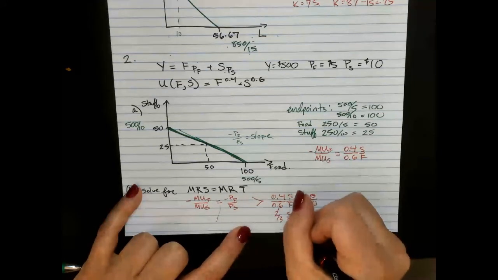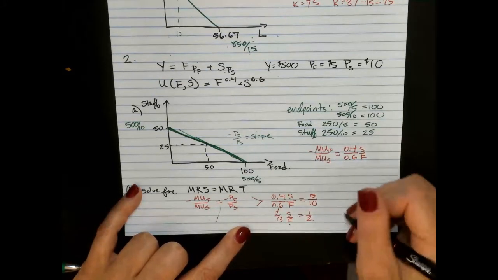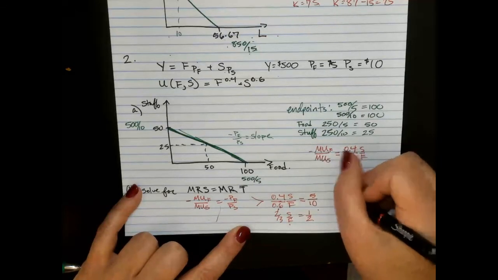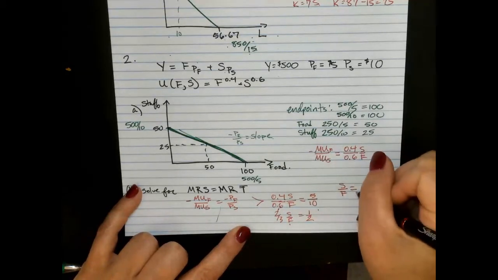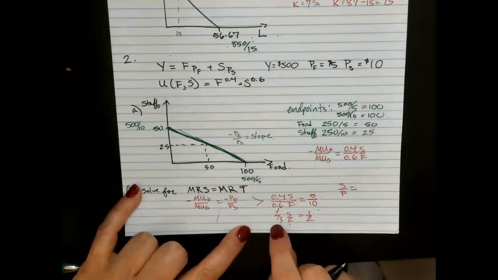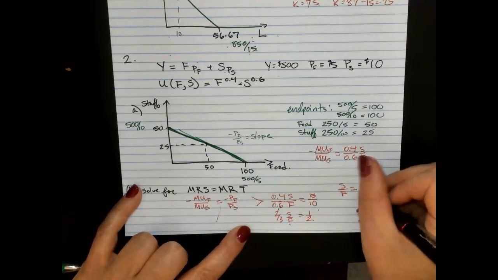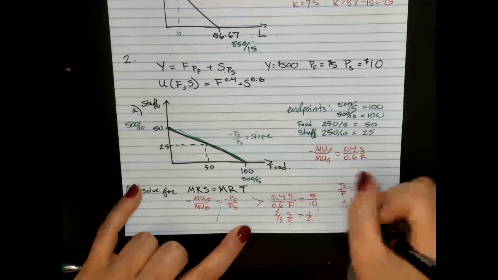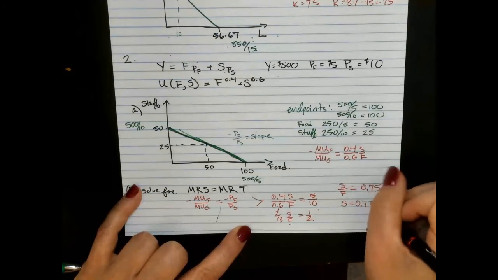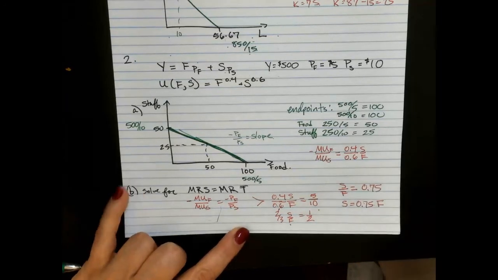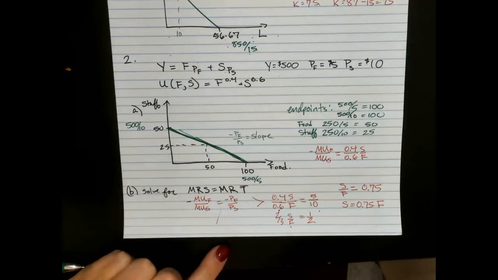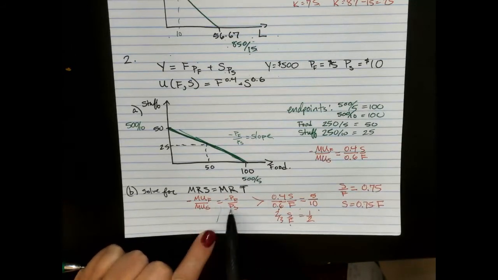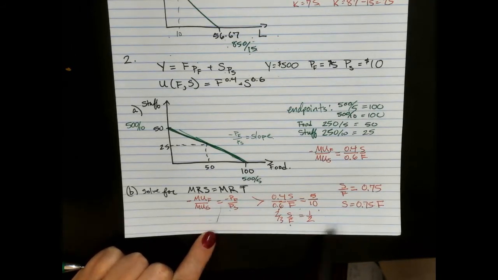I'm running out of space. S over F is equal to, and I can just divide both sides by 2/3 and get 0.75. S is equal to 0.75 F. Do you see how I did that? So basically taking this and then just solving it algebraically, setting these two equal to each other, and then solving it algebraically.